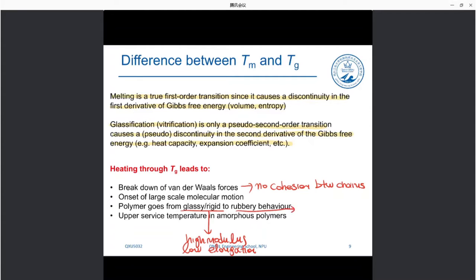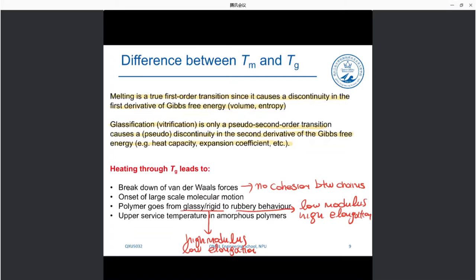To rubbery behavior, that is low modulus, high elongation. Okay? So from a stiff material, a glassy material, we move on to a soft material.